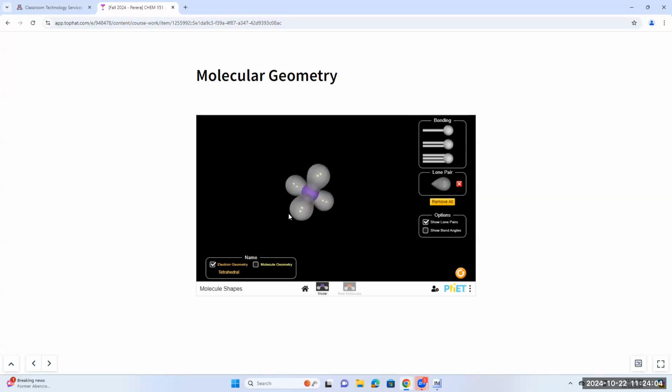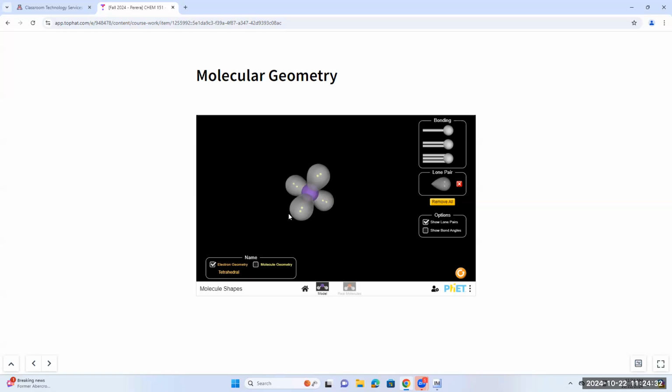One thing to keep in mind: these electron domains are negatively charged. They repel each other. They want to be as far apart from each other as possible. That's why they're going to arrange like this to have the maximum distance between them. So these are the three possible shapes you're going to have for the electron domains.